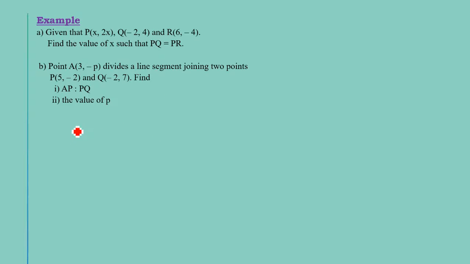What you can see here, you might ask me, when you say PQ equals to PR, does that mean P is a midpoint? No, you must be careful with the word collinear. When you are saying collinear, it means all your 3 points will be on a straight line. There is no word collinear here.